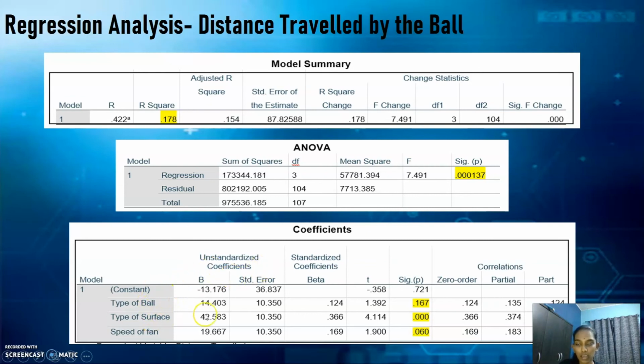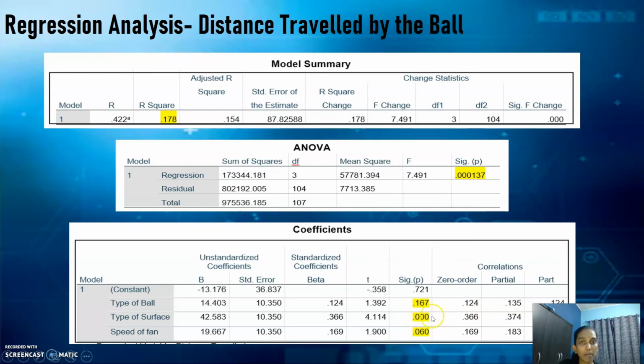From the coefficients table, we can summarize that the type of ball is not significant because the p-value is about 0.167, which is higher than 0.05. But the type of surface is 0.00. We can only see 0.00 because I already rounded off to 3 decimal places.